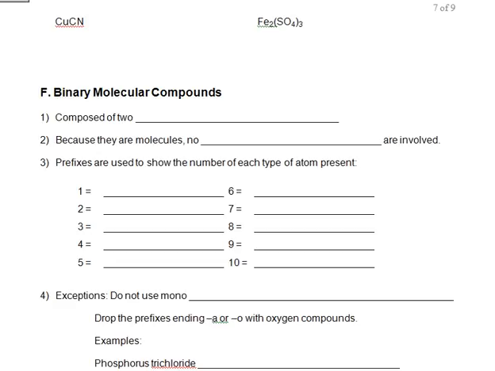This is Chapter 6, page 7 of the notes. We're going to be continuing on with naming ternary ionic compounds. What we have right here is CuCN. We're going to name Cu, that is copper.